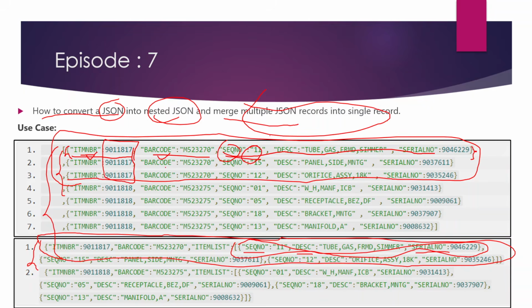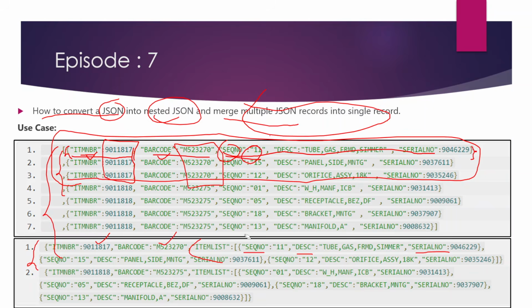These three have the same value and these three have the same barcode. So we want to merge them into a single record. This is a single record which has a common item number and a common barcode. Let me clear this to make you understand.